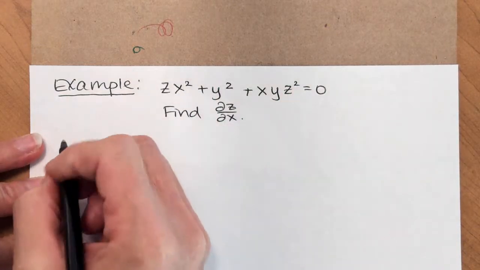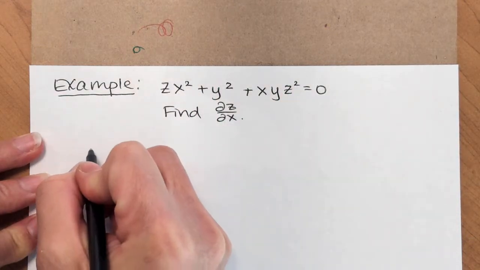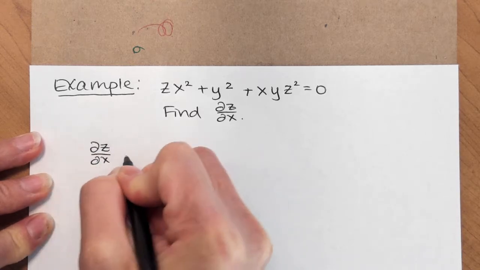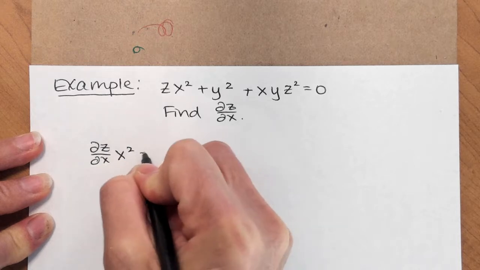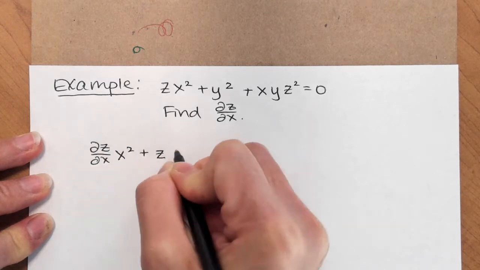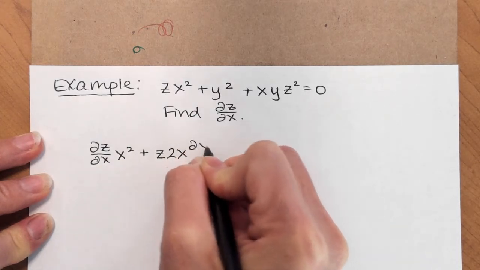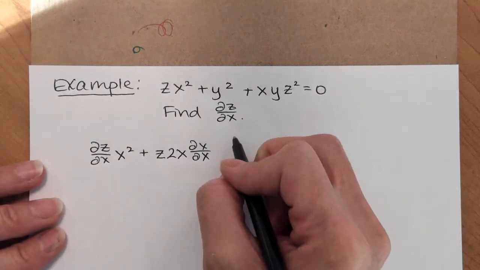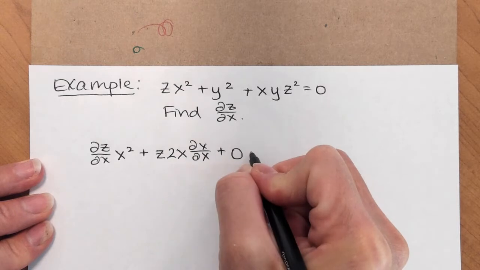Okay, I'm going to need to use the product rule here. So the derivative of z is 1 partial z partial x times x squared plus z times 2x partial x partial x. The derivative of y squared is, of course, 0.